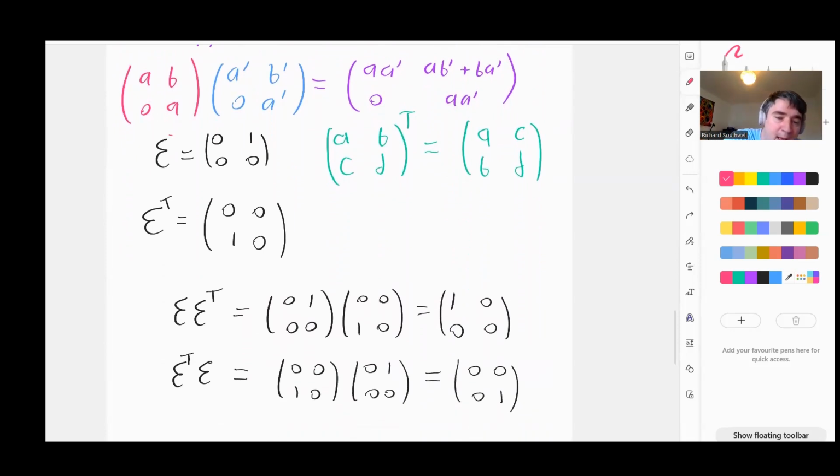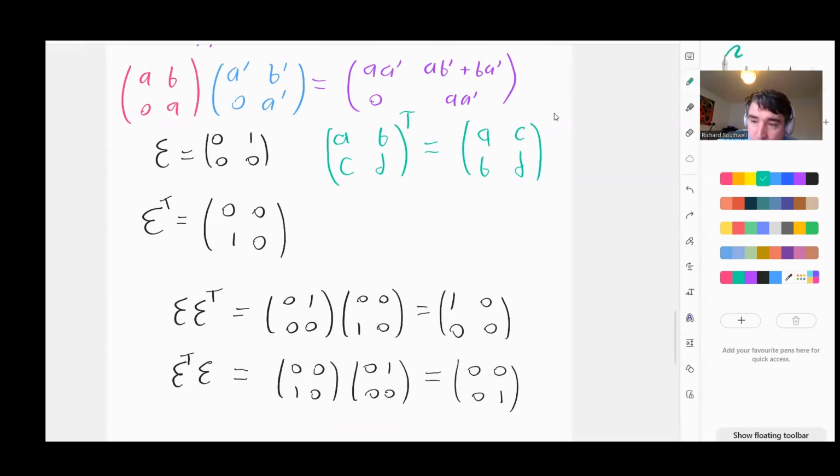Now, the way this works is like this. If we consider epsilon multiplied by epsilon transpose, well, if we work it out, we get this matrix here, which has a 1 at the top left. Similarly, if we multiply them the other way around, we get this matrix here with a 1 at the bottom right. Well, we could add these two things together and we get the identity matrix.